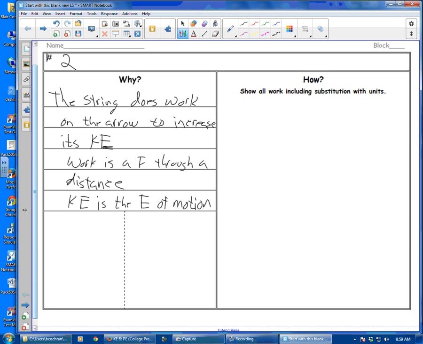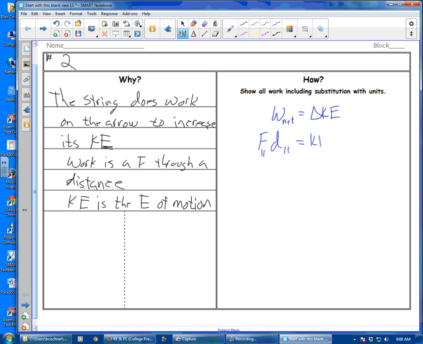So I'm going to start right there at my Y, in my how, that the work that it does, and actually for my equation sheet that can be net work, is the change in the kinetic energy of the arrow. So work is produced by force acting through a distance, both those in the same direction. I get my parallels there.